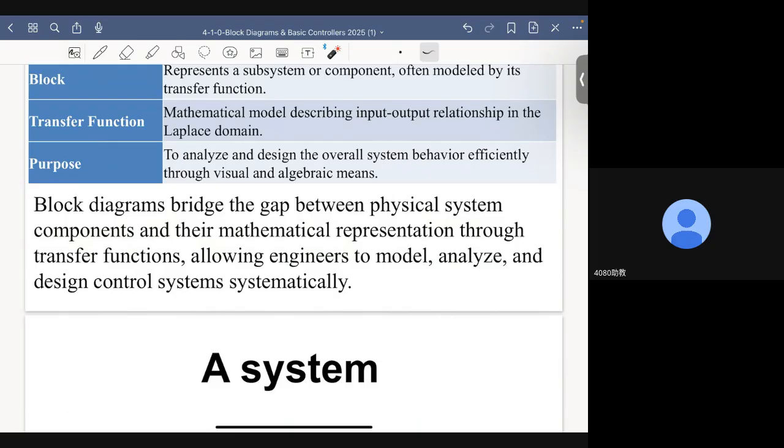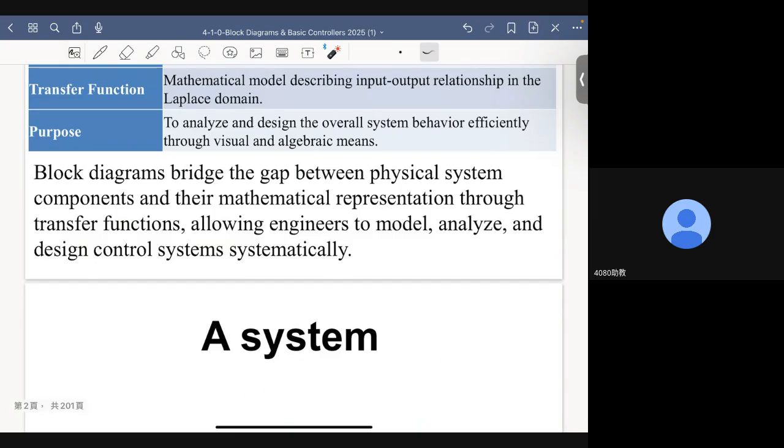Apparently they are not the same thing, although they represent the same entity. So how do we bring these two things together? One very bright idea is to use block diagrams to help us understand the interactions between components. Through transfer functions, block diagrams allow engineers to model, analyze, and design control systems systematically.